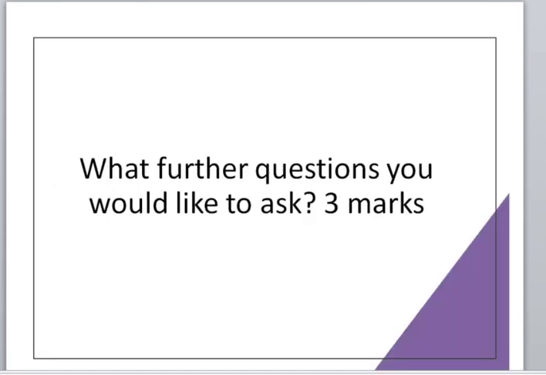So you will be asked in the viva or in the paper for a few marks what further questions you would like to ask this patient in the history. The main purpose of this question is to establish whether this is a congenital condition or a newly acquired condition.